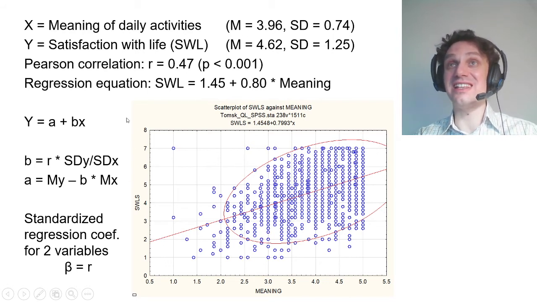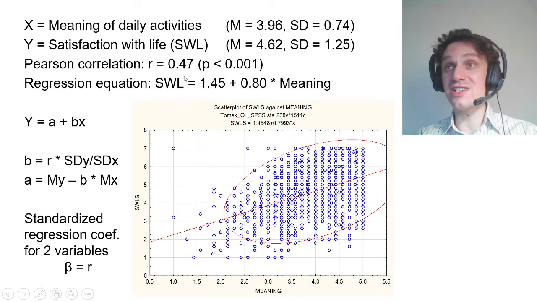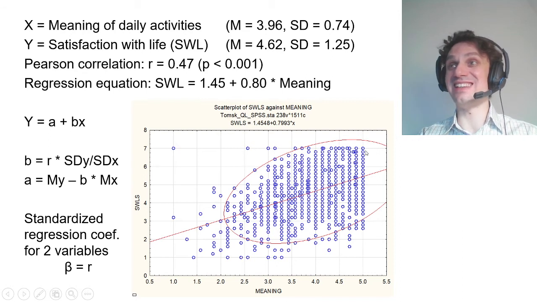So if we calculate the Pearson correlation between these two variables, r equals 0.47, which is a moderate correlation. And here you see a line which describes the association between the two variables, and this 95% confidence interval, calculated based on these theoretical parameters. Now you see that here this distribution appears to be cut off.